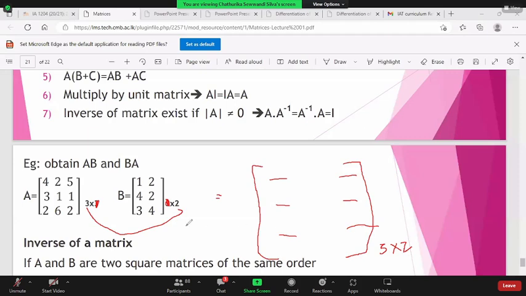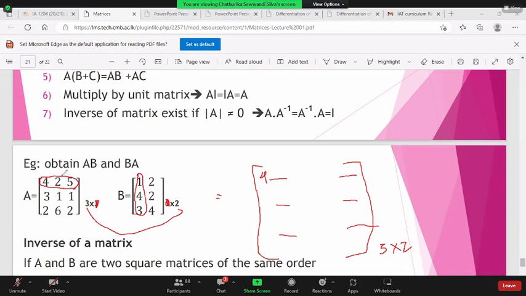Right? So first you get the first row. Next you get the first column. First row and first column. Right. So then now you are going to do the multiplication. 4 times 1, 4.